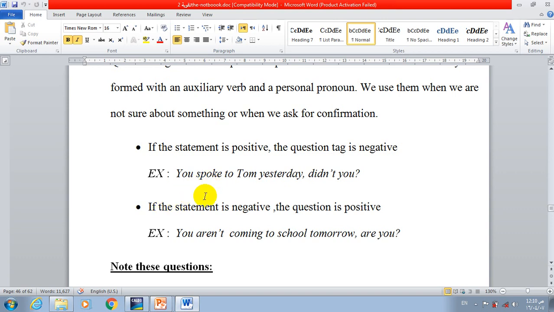And if the main verb is in the present simple but ends with s or es or ies, we must use the word does in the question tag but add not to it to become doesn't if the main sentence is positive. Okay, if the main verb is in the past, like you see in the first example, we must use the helping verb did and add not after it to become didn't.